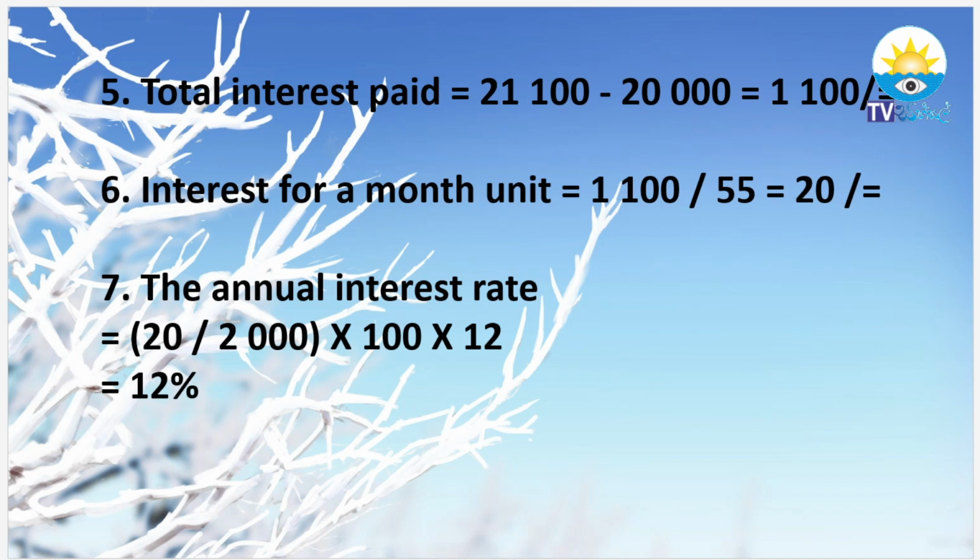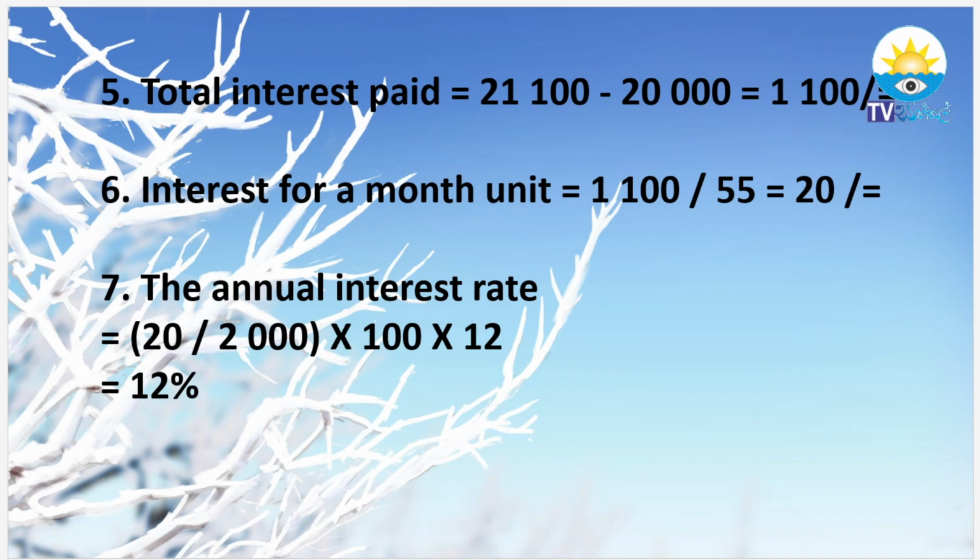Finally, the annual interest rate. My dear children, always keep in your mind the fraction you have to form first. Always keep in mind the numerator is the interest for a month unit, and the denominator is the loan amount for the month without interest. Those are the numbers you have to substitute for the numerator and the denominator.